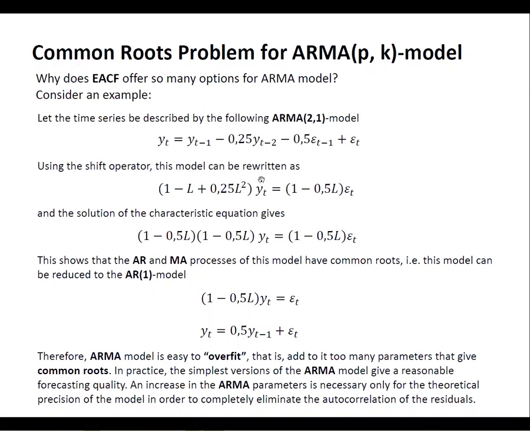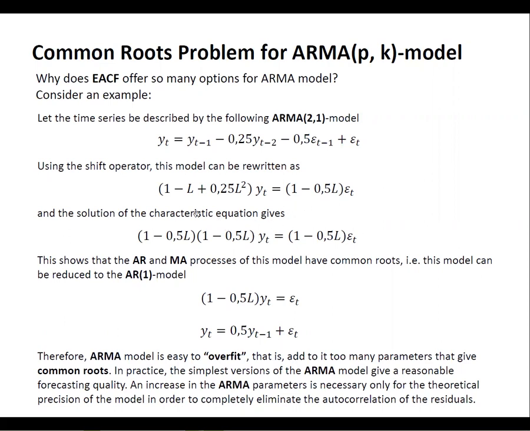Using the shift operator, this model can be rewritten. We transfer Y to the left side, apply the shift operator, and we've got such a polynomial for the autoregressive model. Here we have a polynomial for the moving average model.